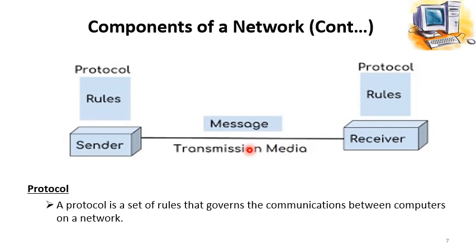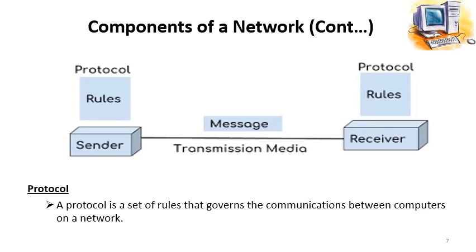So every communication system or every communication technology has some specific protocol which must be followed by the devices connected in that network. We will also be discussing these things in more detail in the coming lessons.